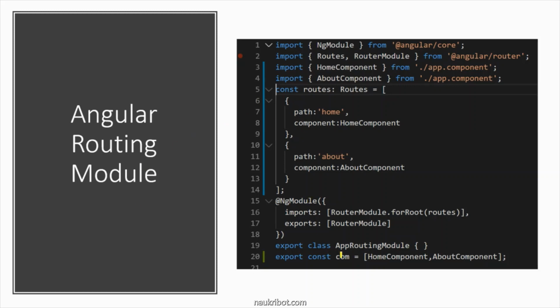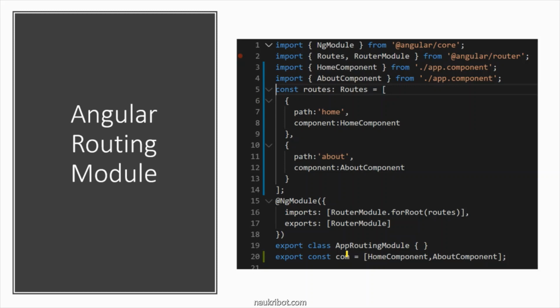Here we can see that we are telling that it's a module. What is the meaning of module? A module can contain all the components. That is the basic idea of modules. So how can we tell that something is an Angular module? To tell that, we need to specify the decorator, the NgModule decorator.